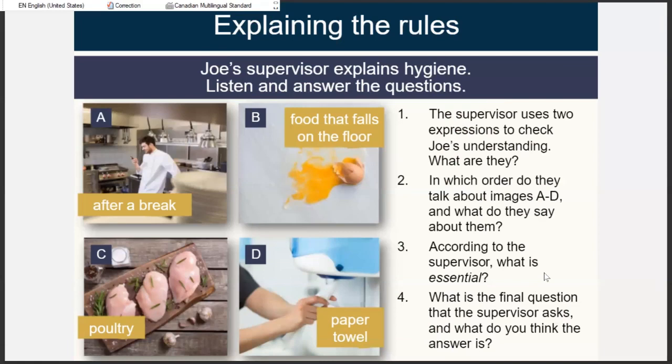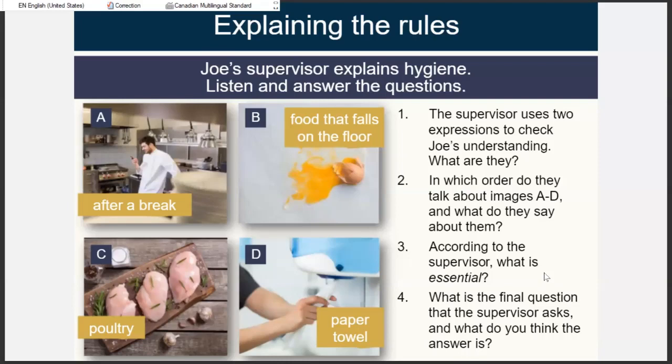The answer might vary because it's not in the recording. However, since he's just new, he just got started, he might give an idea that's not right, but we don't know. Let's listen to the next part to check what he's answering the supervisor.